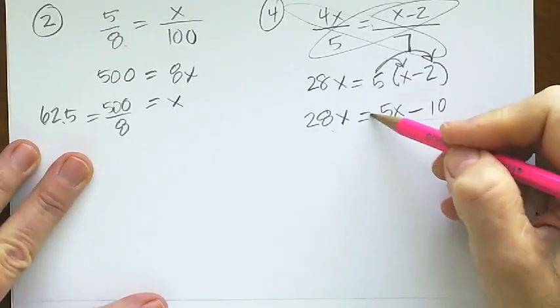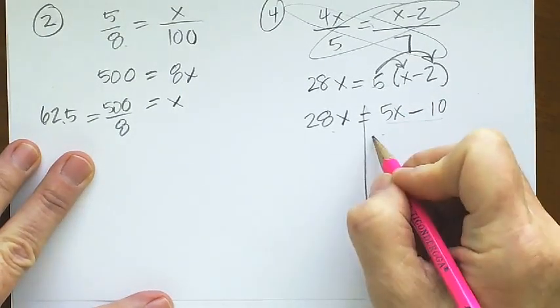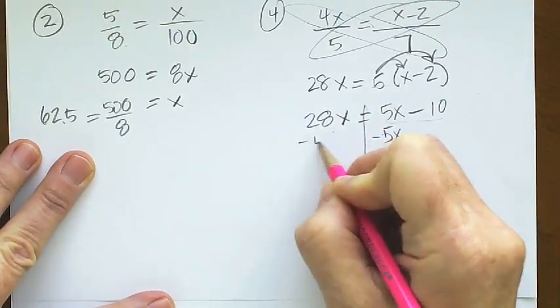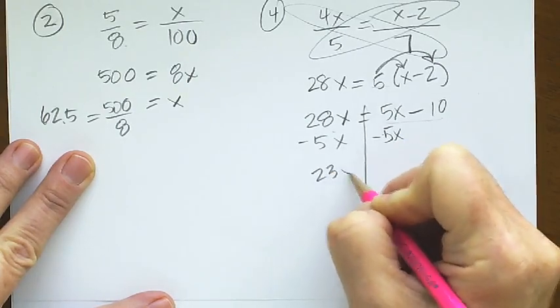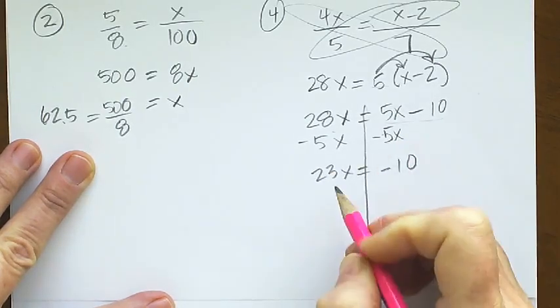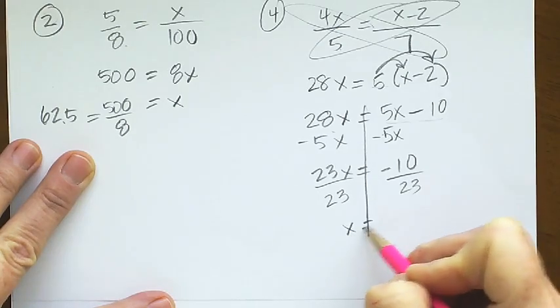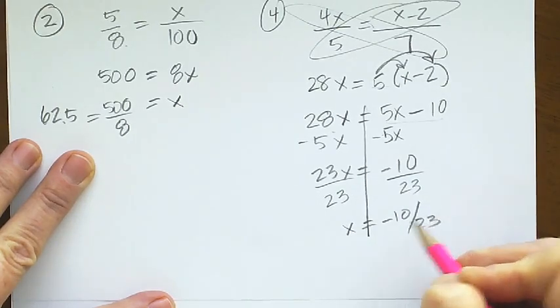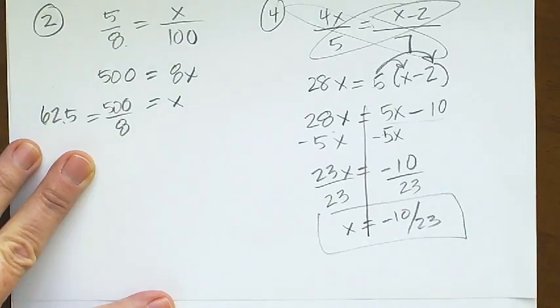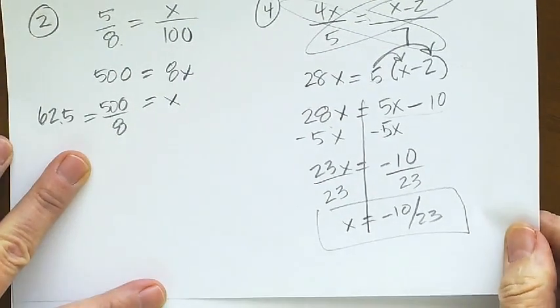X is on both sides. Get rid of the smaller one, so I'm going to take away 5x from both sides. So 23x equals negative 10, and then I'm going to divide both sides by 23. So x equals negative 10 over 23, and you can just leave it like that. That's not going to be a nice non-repeating decimal.